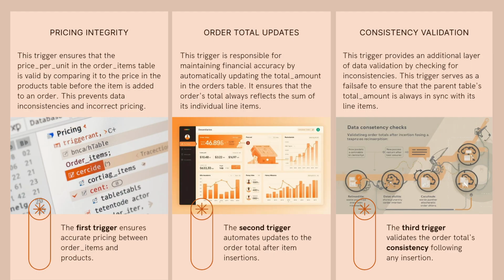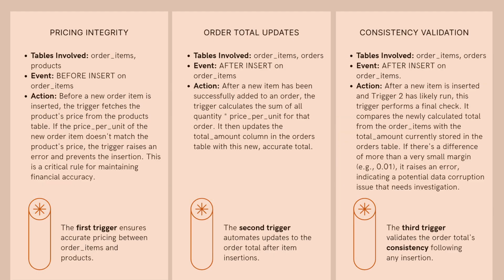For example, there is this order, and there are five different order items in that particular order, right? Now, the total amount of that order should be equal to the sum of all the amounts in the order items. So this trigger checks that, and if that is not happening, then I will get an error.